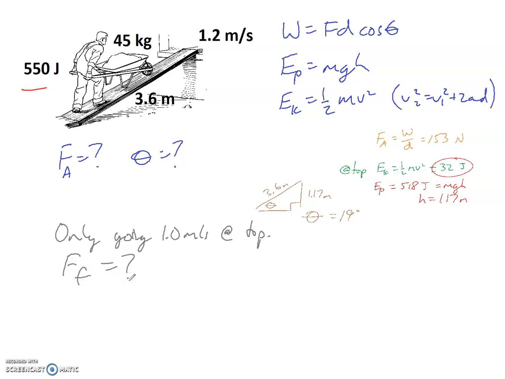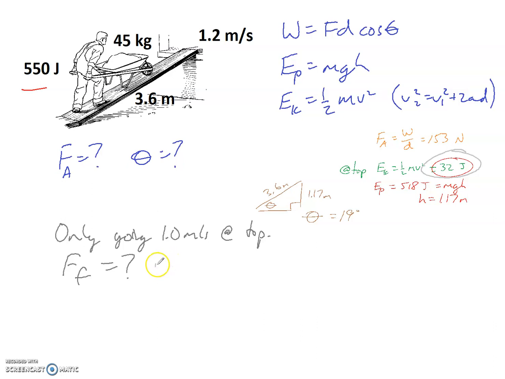Okay, well, this is not exactly the hardest thing to do. Again, we could crack out some old kinematics and dynamics to figure it out, but we can also use some of the energy type stuff. So if I'm only going slower, that means I've actually changed the kinetic energy. Before, my kinetic energy was 32 joules. Now my kinetic energy is going to be less because I am going slower.